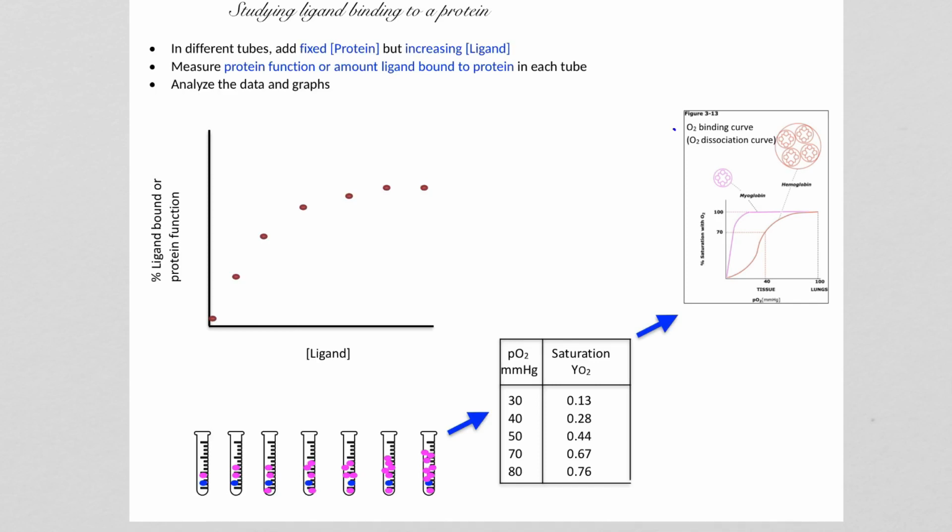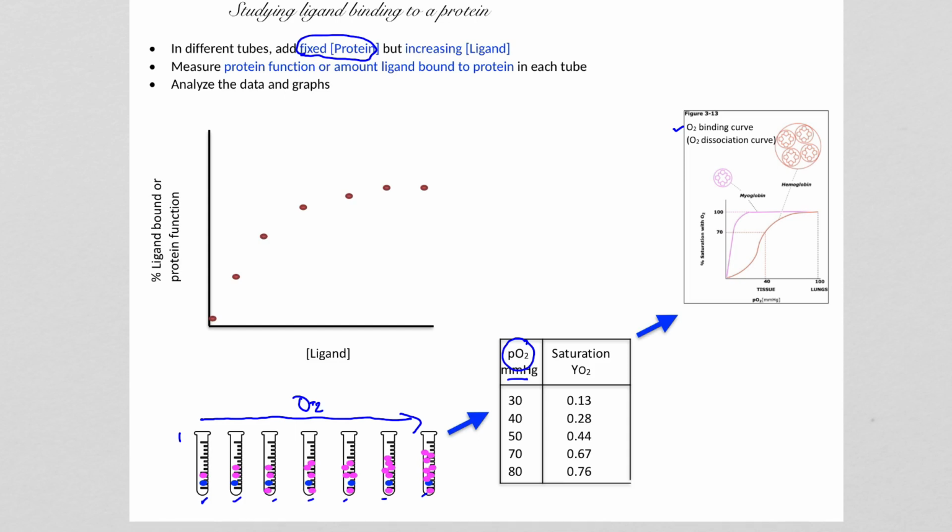To get the oxygen binding curve, let's say for myoglobin, we take many different test tubes. In each test tube, we put a fixed amount of myoglobin, but we increase the concentration of the ligand as we go from the first test tube to the last. Since oxygen is a gas, we express its concentration as the partial pressure of oxygen in millimeters mercury.